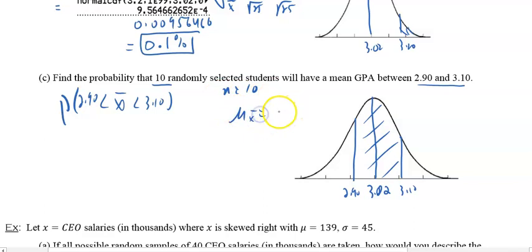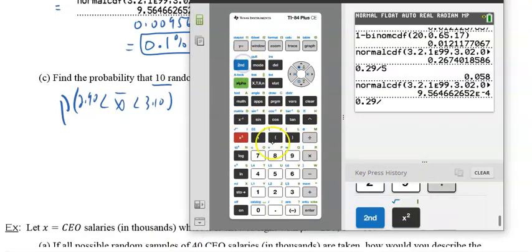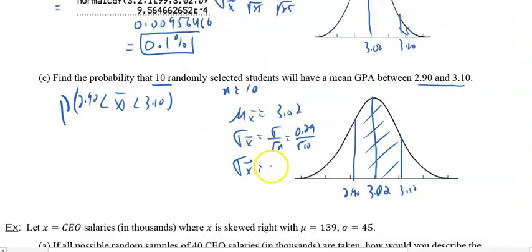Well, here the average is still 3.02, and the standard deviation, I'll point that out in a minute, was 0.29 divided by radical 10, which is 0.0917.